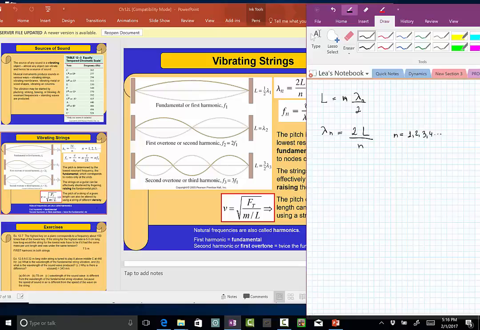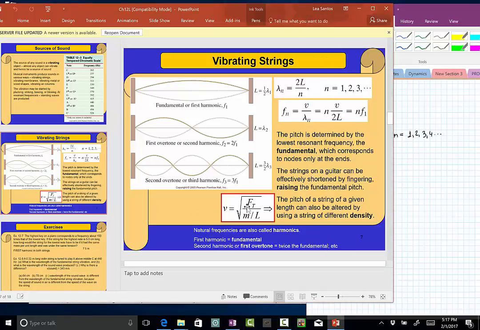Okay, now the speed in the string depends only on the tension and the density. If I don't change the string, if I don't change the density, the speed is constant. I can then write an equation for the frequency.